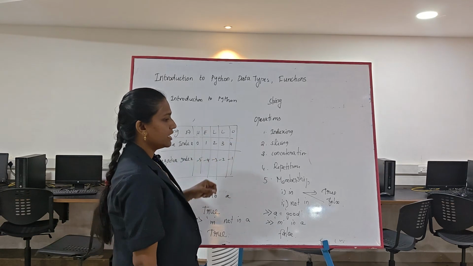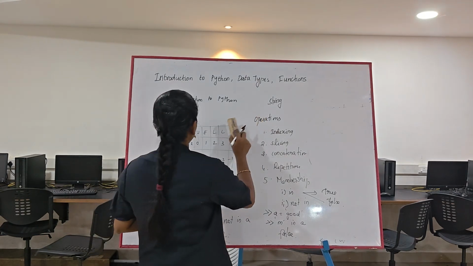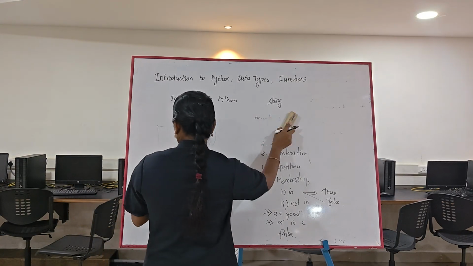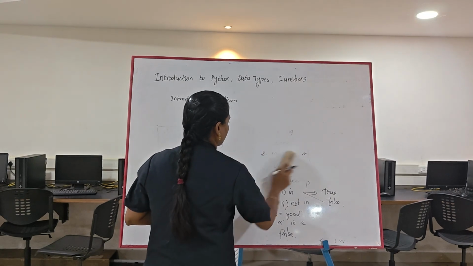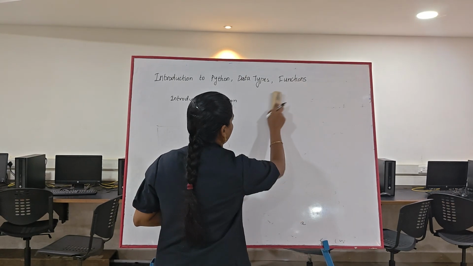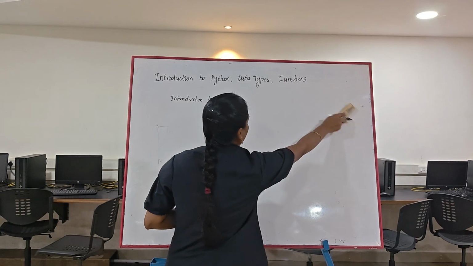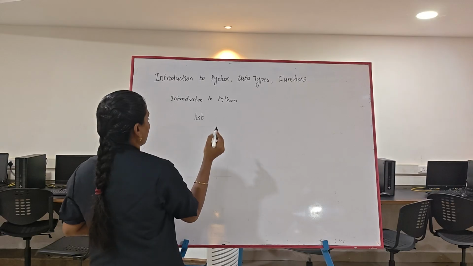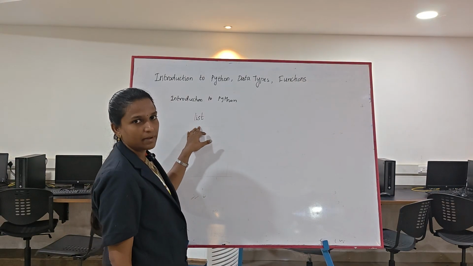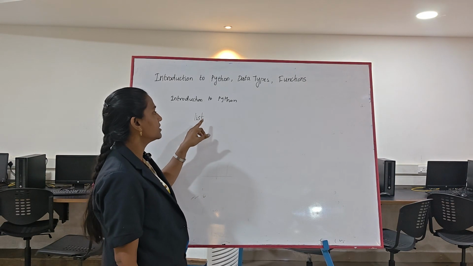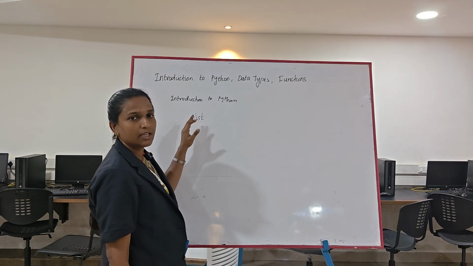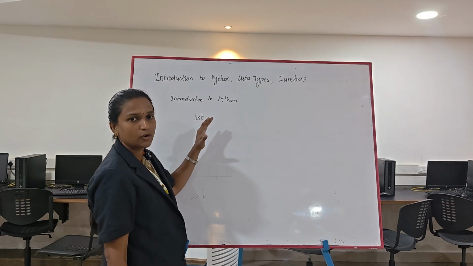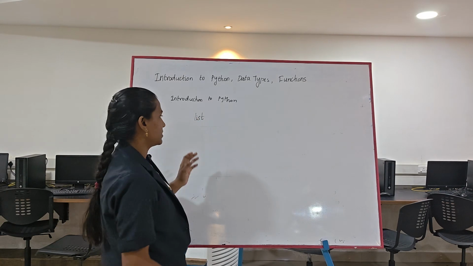Next we are going to see list. A list is a group collection of different types of elements enclosed in square brackets. The elements are separated by commas.